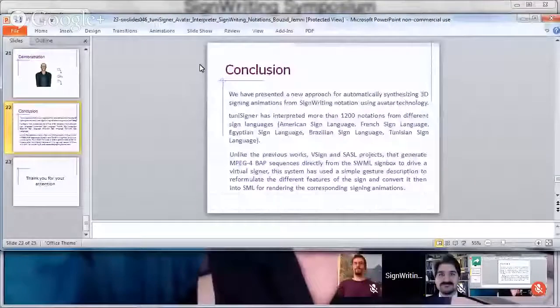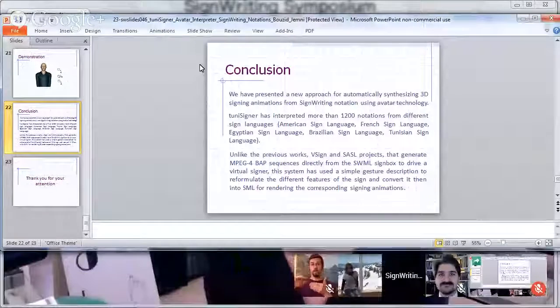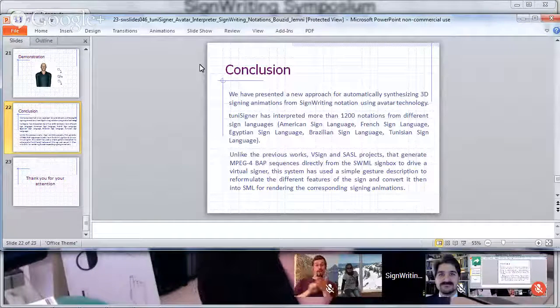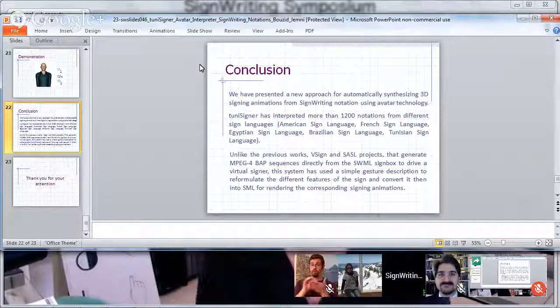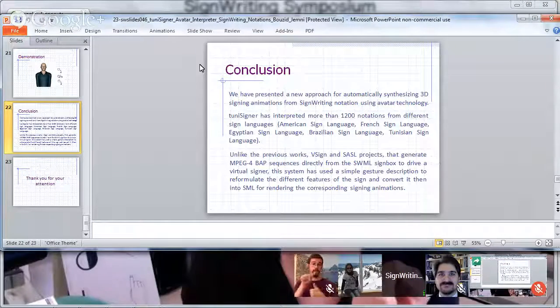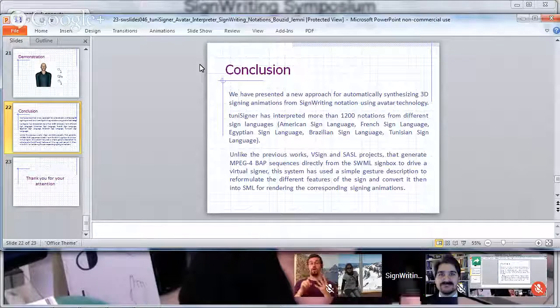Conclusion. We have presented a new approach for automatically synthesizing 3D signing animations from SignWriting Notation using Avatar technology. TuniSigner has interpreted more than 1,200 notations from different sign languages: American Sign Language, French Sign Language, Egyptian Sign Language, Brazilian Sign Language, Tunisian Sign Language.